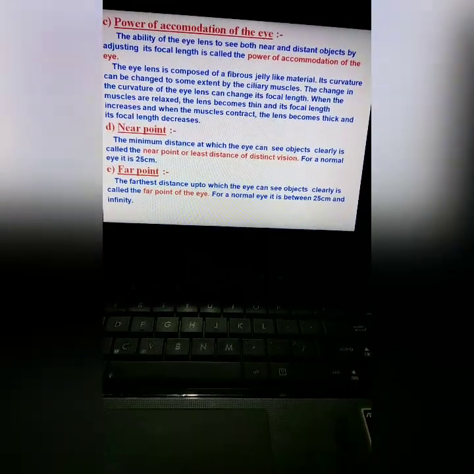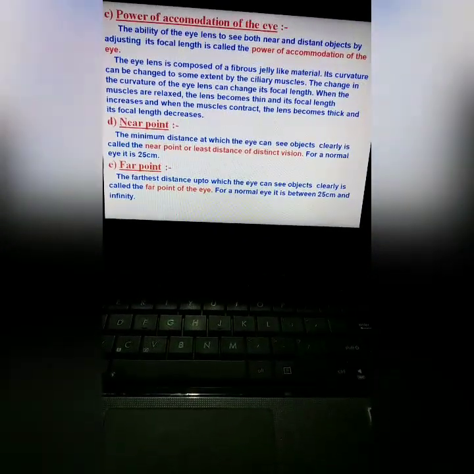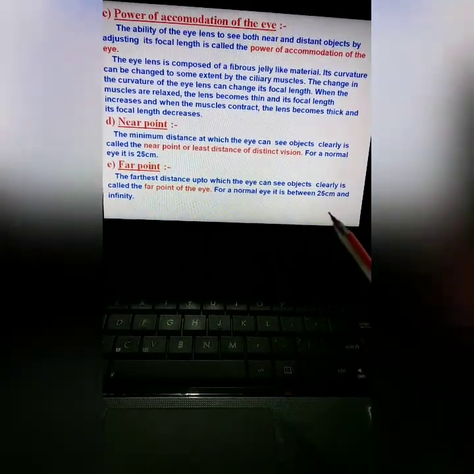Means when you want to see a near object clearly, the ciliary muscles change the focal length of the eye lens, and also when you want to see a far object clearly, the ciliary muscles help to change the focal length of the eye lens to see the far object.